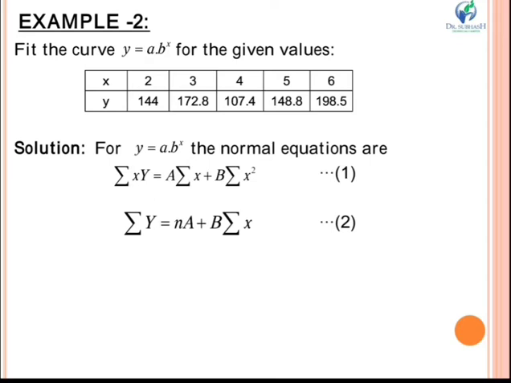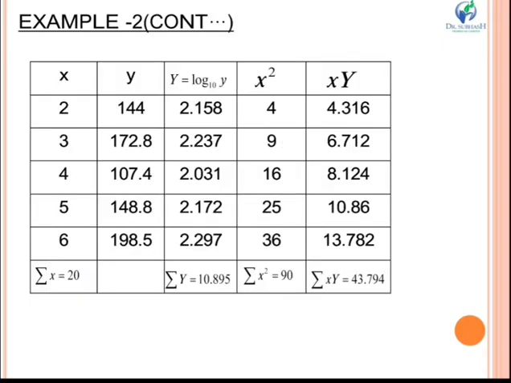Let us take a similar kind of example. Fit the curve y equals a times b raised to x. Again here we are given 5 values, so n is equal to 5. I will write the two normal equations which we have just seen.